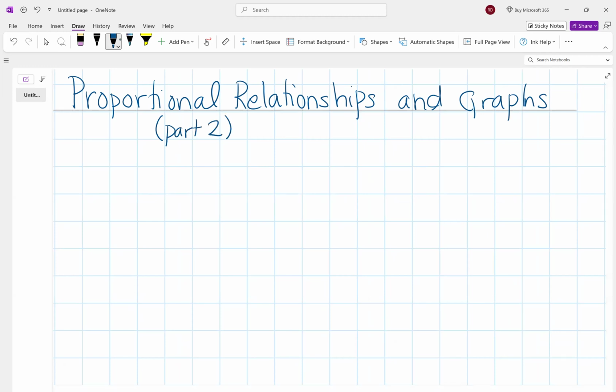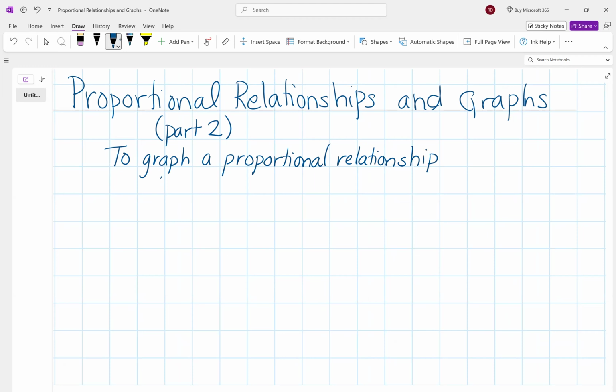And so we already know from class that the graph of a proportional relationship can be found using a table. So to graph a proportional relationship from an equation, use a table.